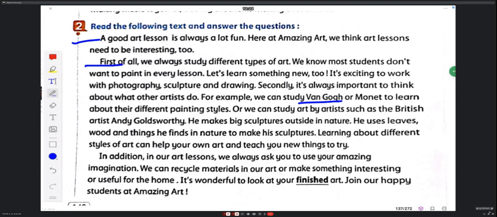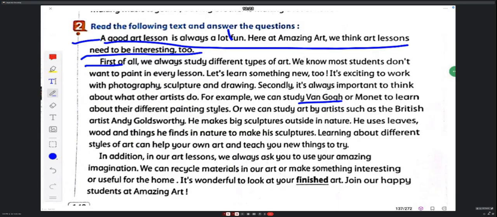Okay, what is the main idea of the text? The main idea is something we can find in the introduction or the conclusion, or both.